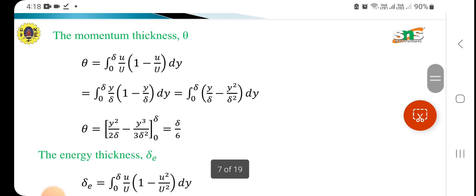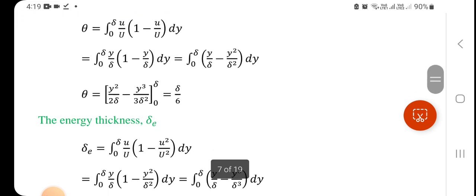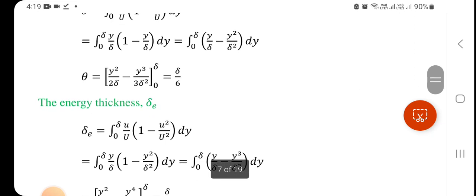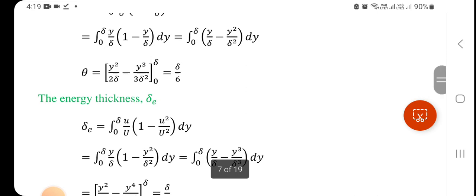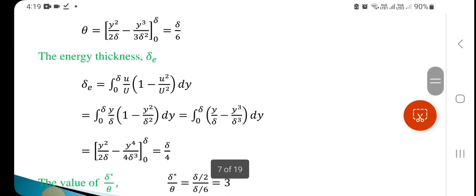Momentum thickness theta is given by integral 0 to del of u by capital U into 1 minus u by capital U into dy. They have given in the question u by capital U is equal to y by del. So substituting the values and integrating, and substituting the upper limit and lower limit, we get del by 6.